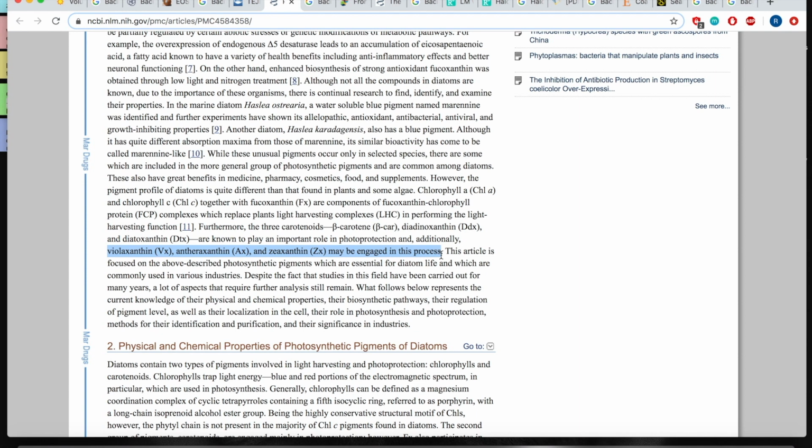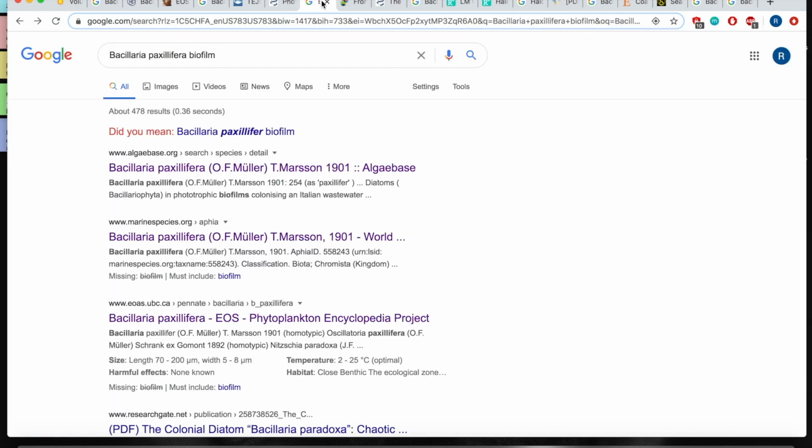I did not find any sources about my diatom producing these pigments, so I just annotated for these. So we have pigmentation.